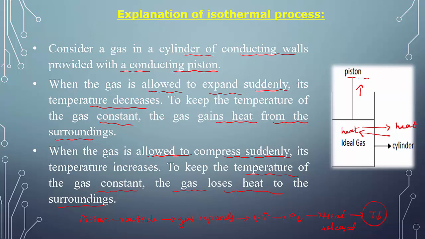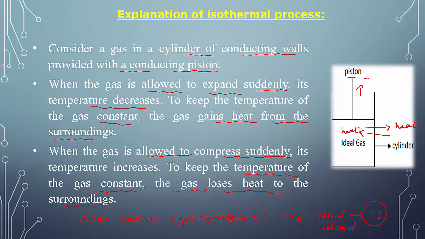First point, when the gas is allowed to expand suddenly, it means the piston is moving in upward direction, gas is expanded, volume increases, pressure decreases, temperature also decreases because heat is liberated to the surrounding. But in isothermal process, we have to keep temperature as a constant, so this system will absorb heat energy from the surrounding. Again, the temperature remains constant, pressure and volume change.